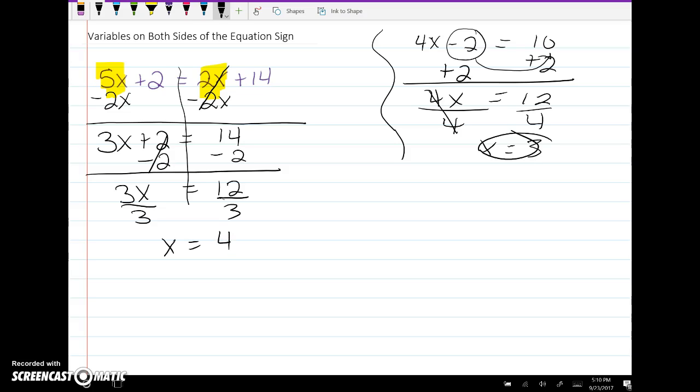Once again, we're going to check our work. Just kind of move that off to the side. My check is going to go back to the original equation.